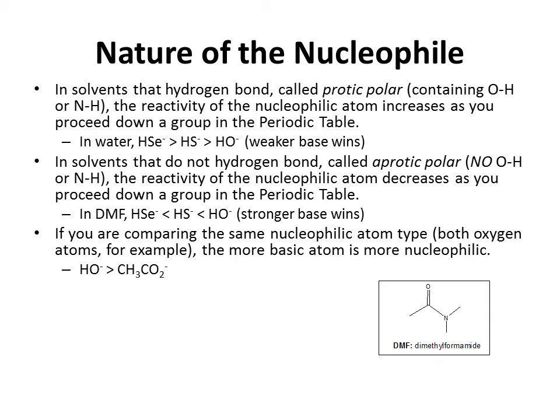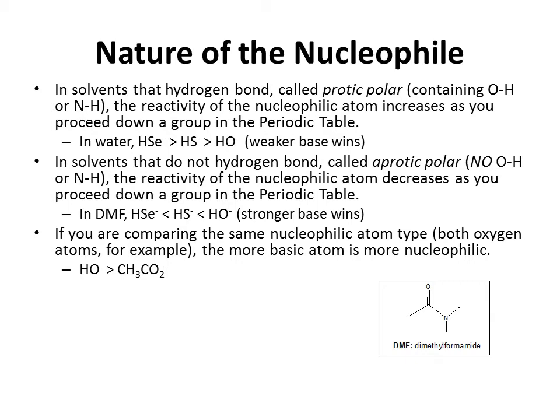And that's because selenium is lower in group 6 than sulfur, and sulfur is just below oxygen. The size of the nucleophile in this case is what makes a difference. The bigger nucleophilic atom is more reactive than the smaller nucleophilic atom.